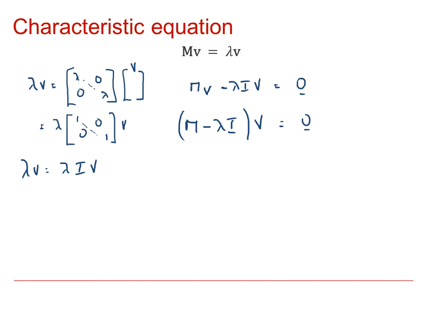But we know that V itself is not 0 by definition. It's a non-zero vector that we have for the eigenvectors. This means that M minus lambda I, which is just a matrix, must be singular. It has no inverse.